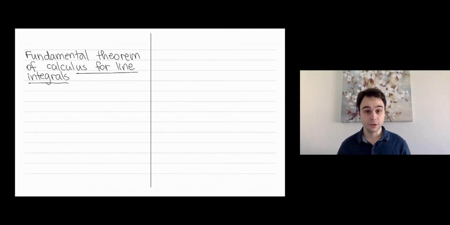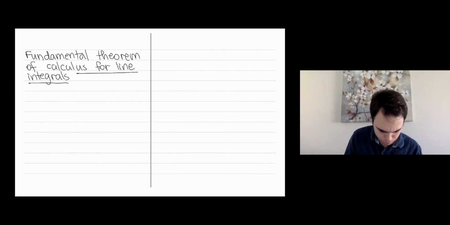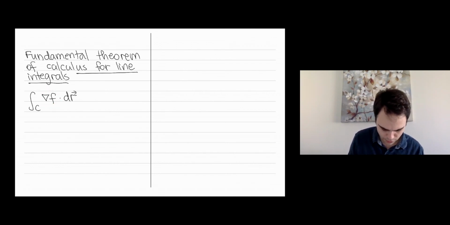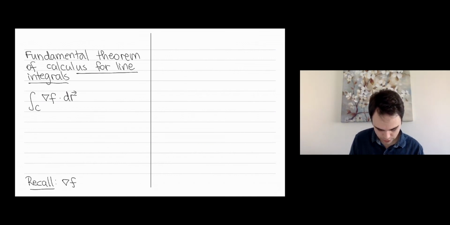So here's what the theorem says. I'll just give you the formula. It tells us what happens when we integrate the gradient of a function over a curve. The gradient of a function, I should remind you, is in 2D a vector field whose components are the x partial and the y partial of the function.